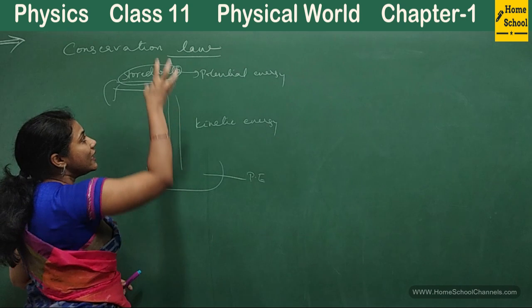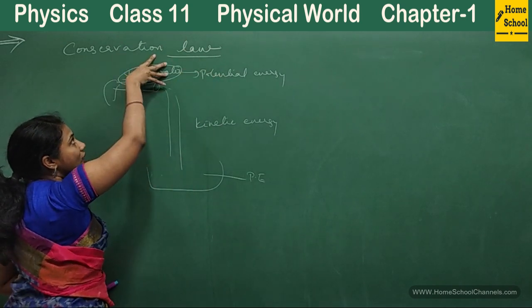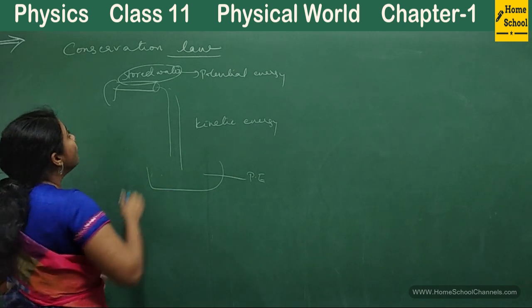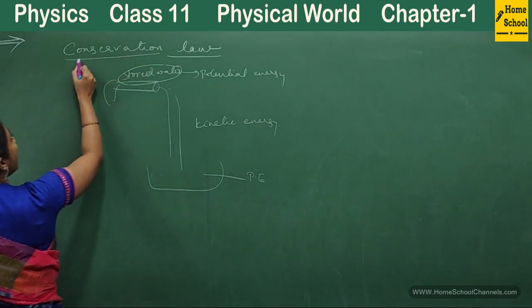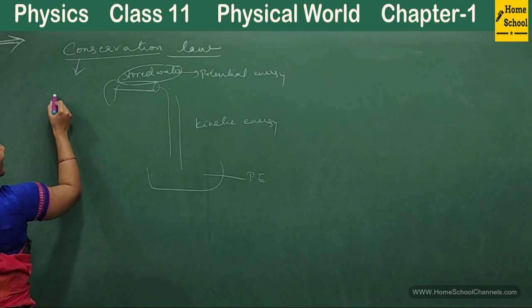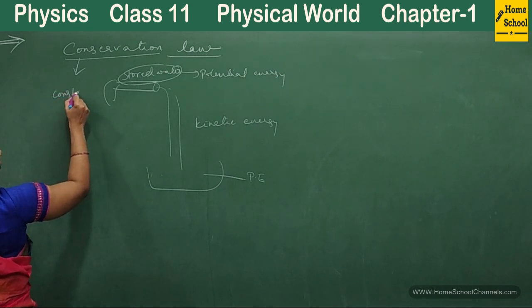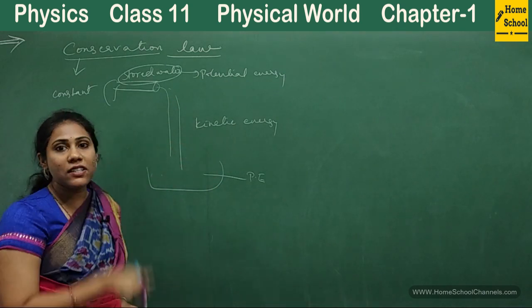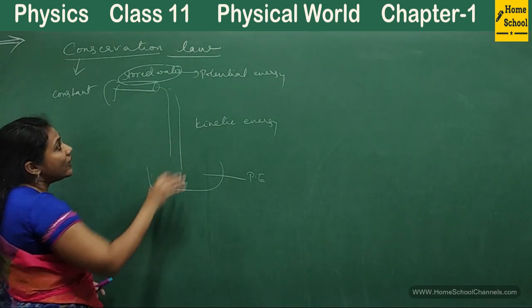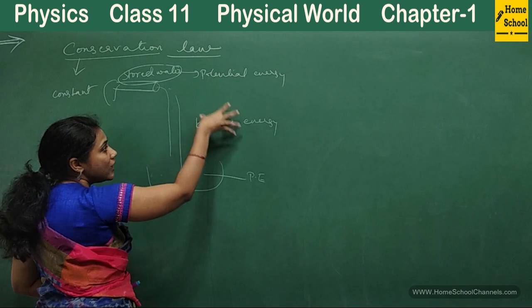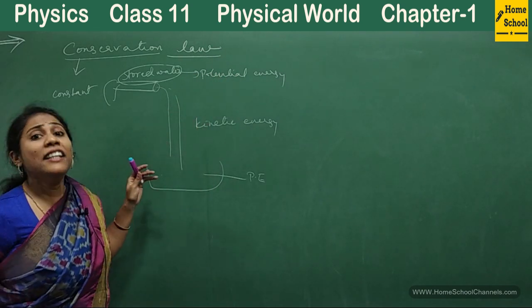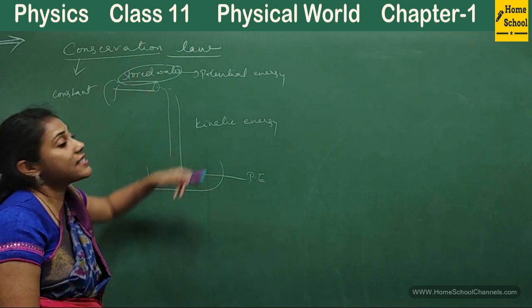So here whatever energy was there with the water was conserved, it remained constant. The word conservation means something that is remaining constant. You haven't destroyed energy, you have not created extra energy, you just converted one form of energy into another form of energy, but at the end what you can say is energy is conserved.